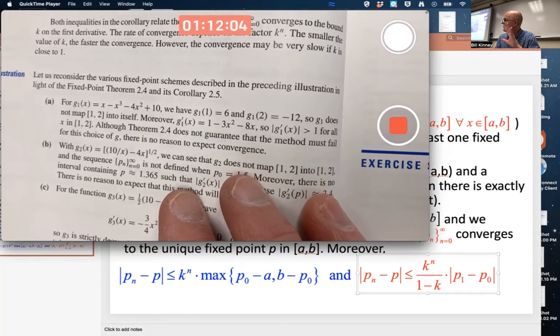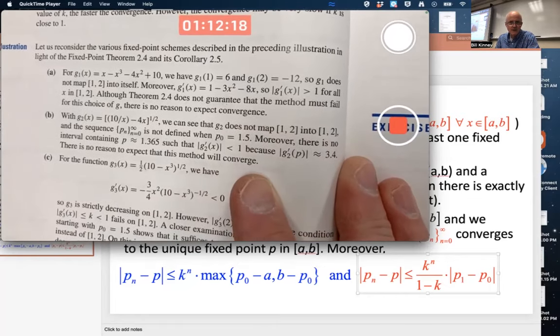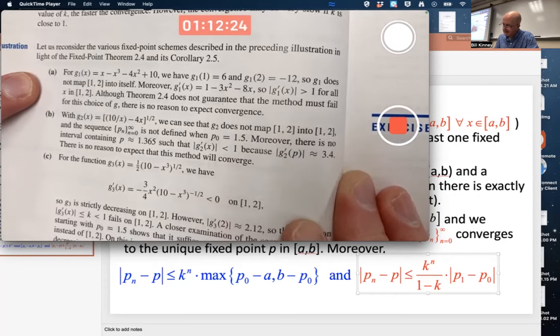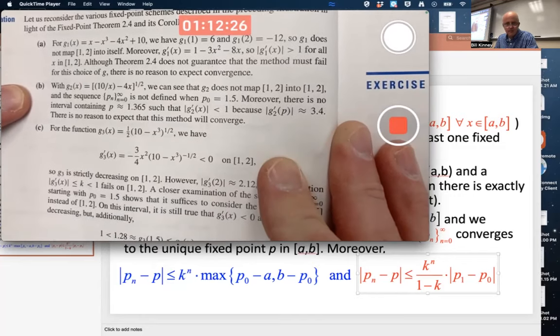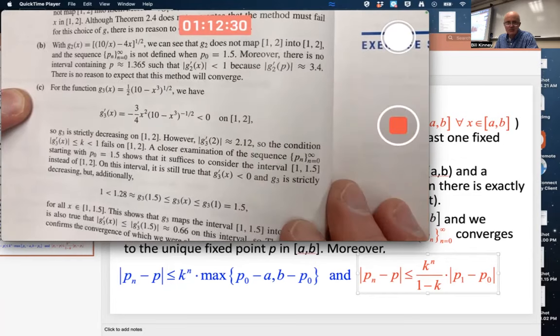F of x equals 0, you're trying to find the root by finding a G whose fixed point is the root of F, and there were different ways of doing it. So these are a bunch of different G's that are all supposed to have the same fixed point, but not all of them work to find that fixed point by function iteration. The first example does not work. The second example evidently does not work, for the reasons they give here. The third example evidently does work.